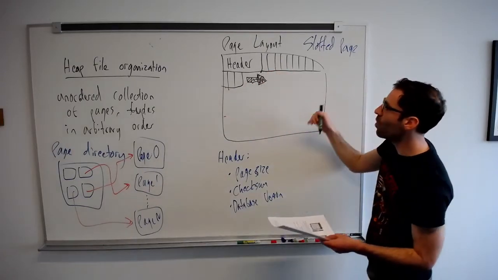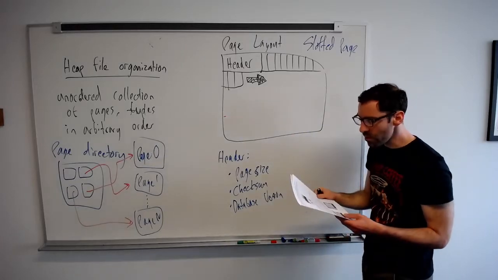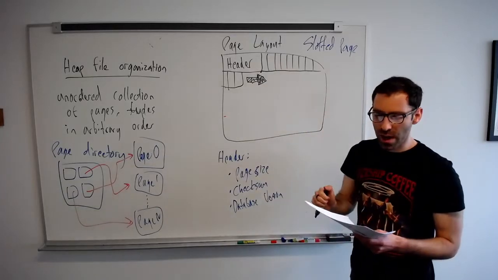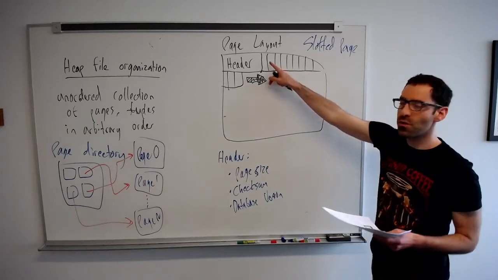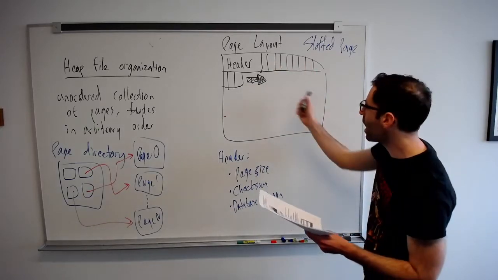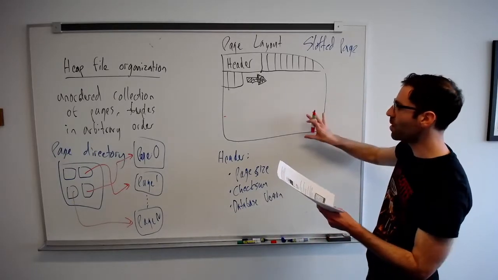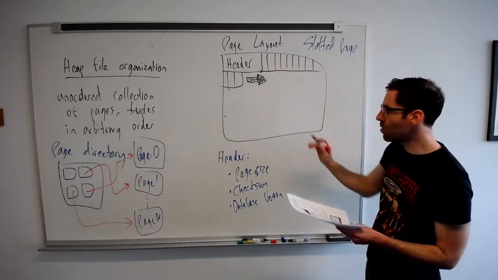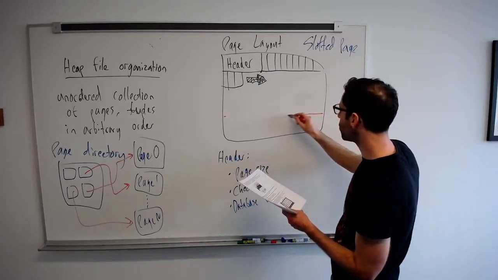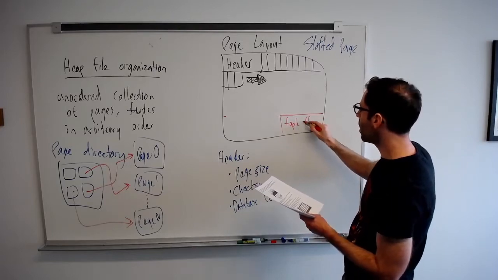It will grow from the top of the page down, and it's going to contain pointers to the actual tuples in our page, and those tuples are going to be stored from the end of the page toward the beginning. This will accommodate variable length tuples.